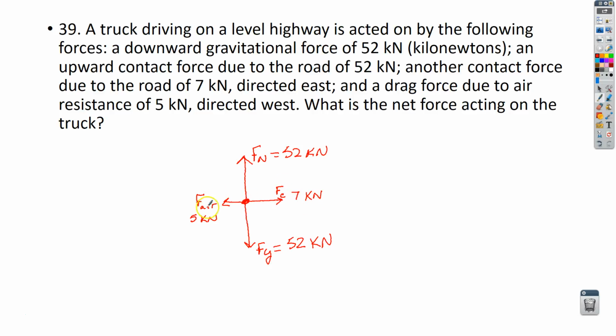These two forces are not balanced, so we're going to need to add the two together, so that'd be 7 kilonewtons plus our air force, which is negative 5 kilonewtons. And so the sum of the forces here in the x direction is going to be equal to 2 kilonewtons. And we say that that is east. And that is the end of number 39.